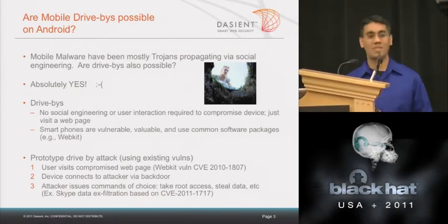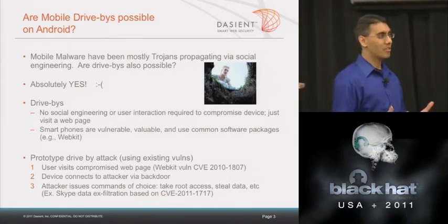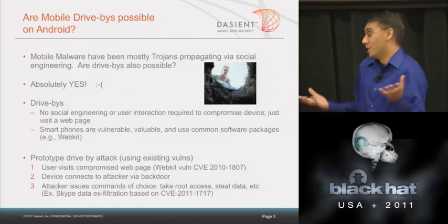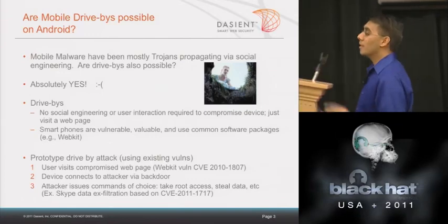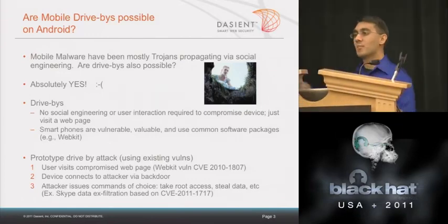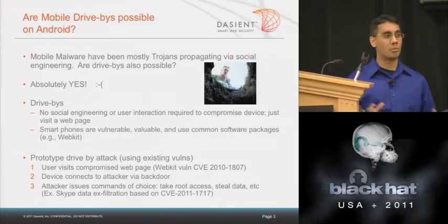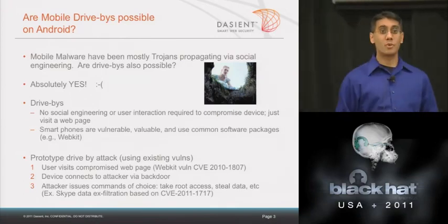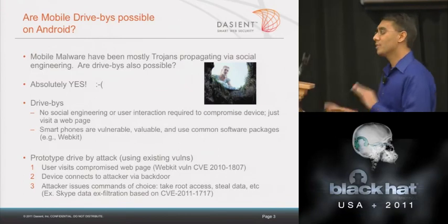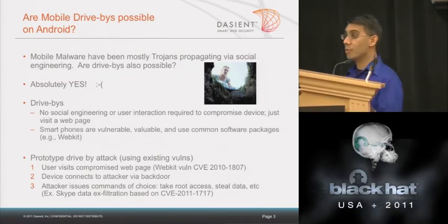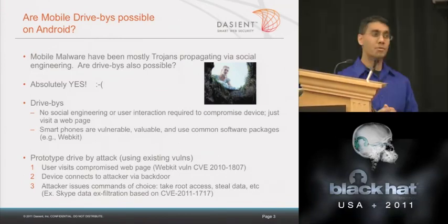But of course, you could imagine that once you have that level of access, you could potentially do a lot more. And so we saw that on iOS, but we hadn't necessarily seen an actual prototype on Android. So we said, okay, is it possible to take some of these existing components and put together a prototype drive-by attack for Android?